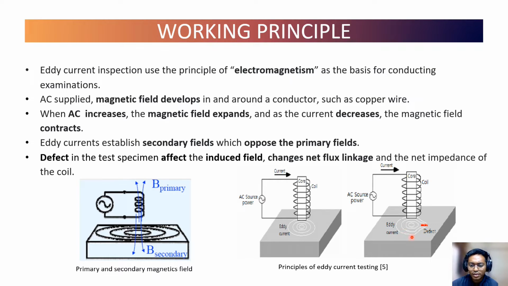As you can see here, the secondary field is not in a uniform shape. That indicates the defect in the specimen.